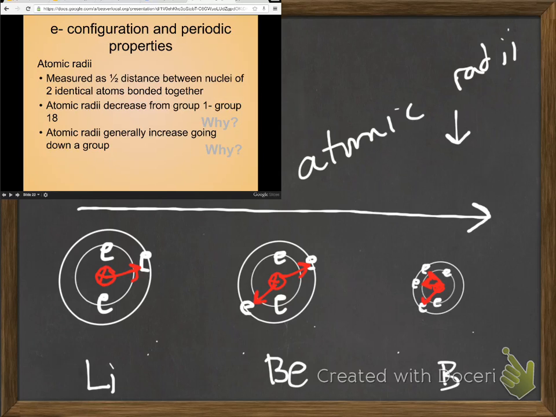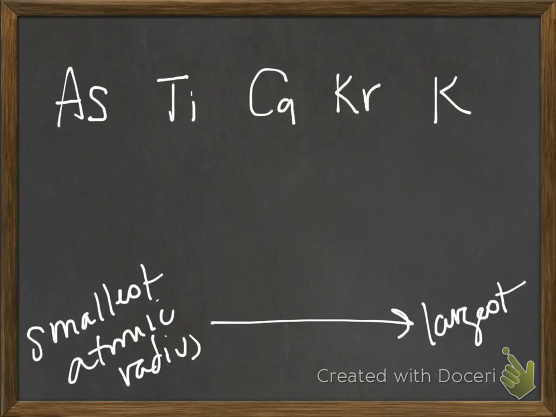So, let's practice one more time. Let's put these in order. I'm going to give you a list, and I want you to put it in order of increasing atomic radius. So now we have 5 things that are all out of one period. I want you to put them in order of smallest atomic radius up to the largest atomic radius.